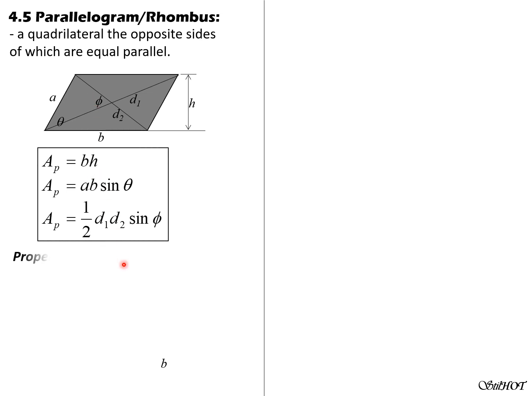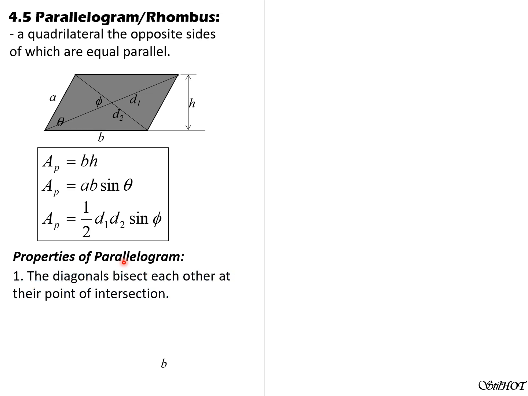And these are the properties of parallelogram. So the diagonals bisect each other at their point of intersection. That is, this is half of diagonal 1, half of diagonal 1, half of diagonal 2, half of diagonal 2.